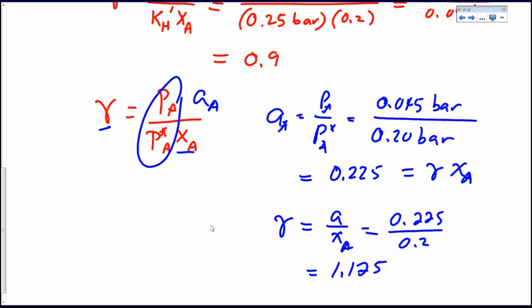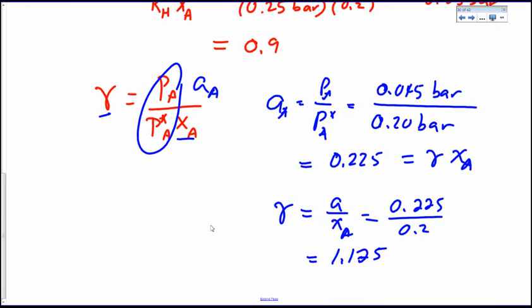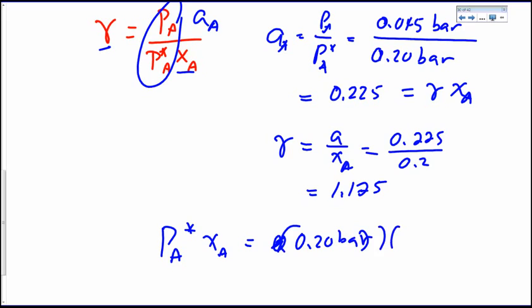Now, all right, so where is that on our graph? Let's look at what's our PA expected vapor pressure from Raoult's law. PA star XA is equal to, what was it? 0.20 bar times 0.2 mole fraction, right?